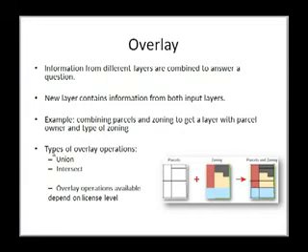The differences in the types of overlay operations here, union and intersect, have to do with what is maintained in the output layer. For a union, all features and all layers are retained in the output layer. For an intersect, it only retains layers in areas in common to the two layers. So it's a little bit more like a clip that combines information from the two layers.